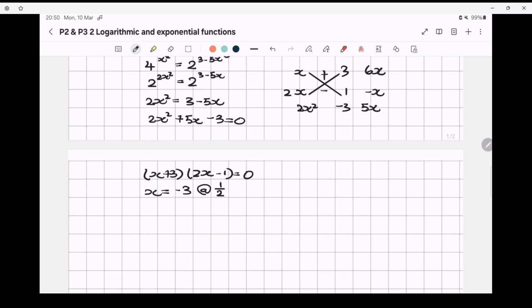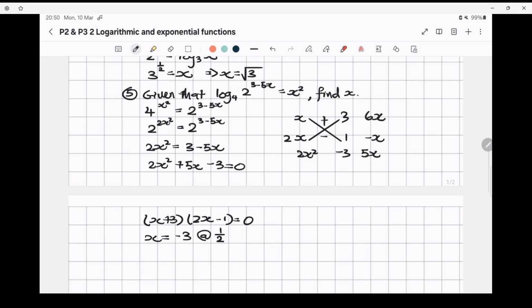You can check your answer whether or not this is true. First of all, you just need to make sure that it doesn't hit any values that you are not supposed to have when you define the logarithm. In this case, because x does not constitute the argument inside your logarithm function, both answers should be accepted.